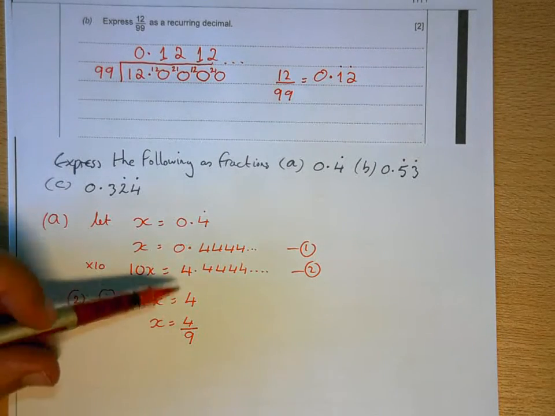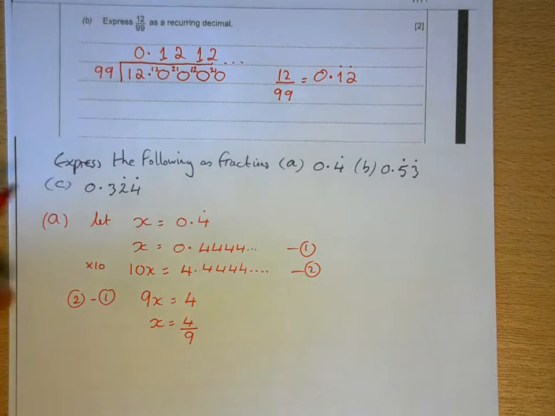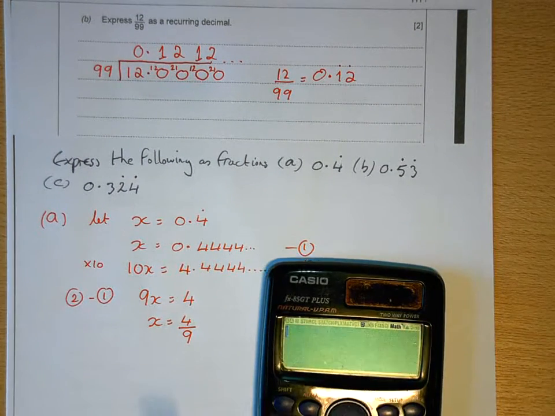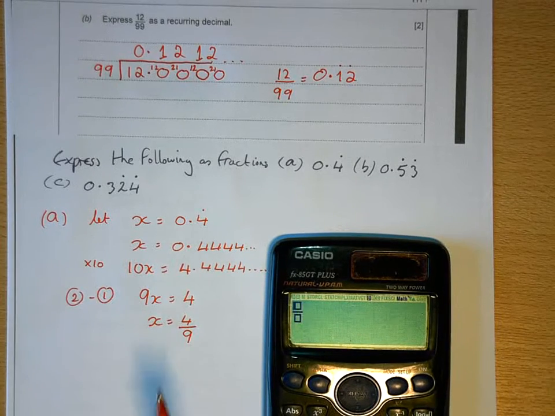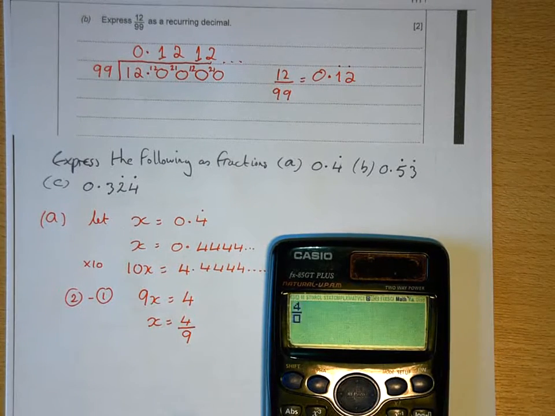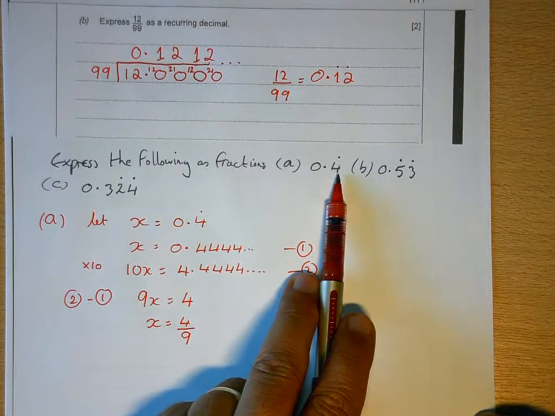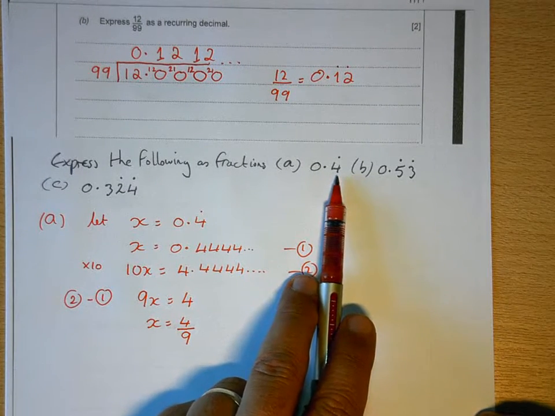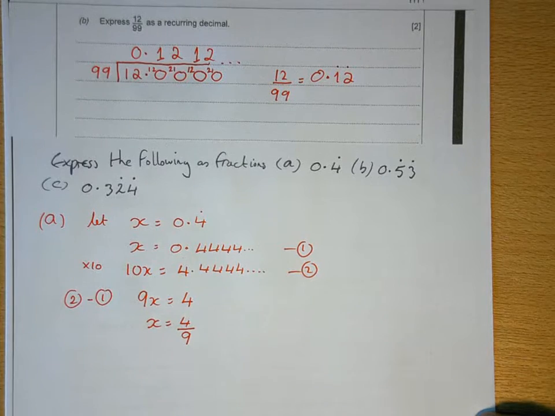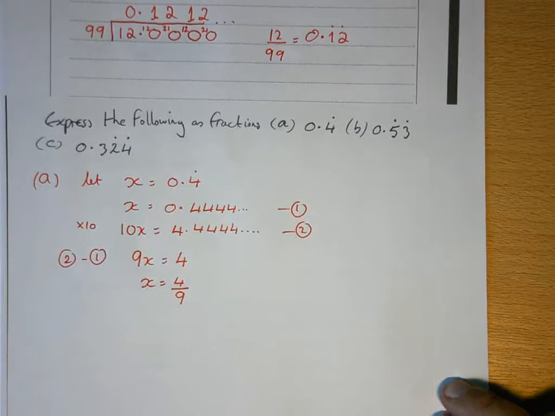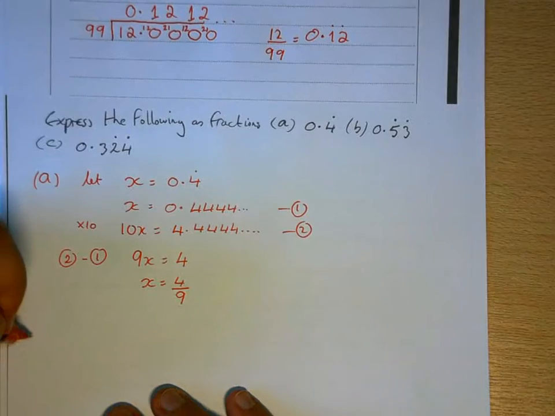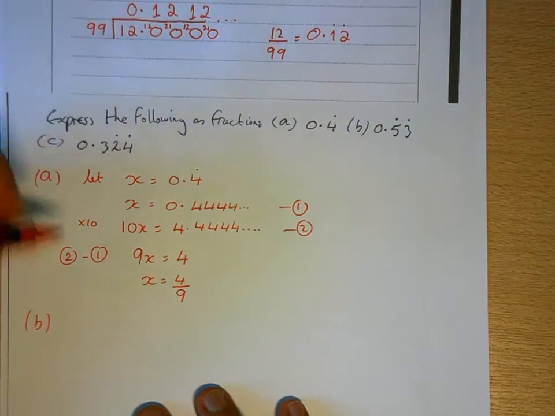That's the fraction form of 0.4444. And again, it would be on a non-calculator paper, but just to show you that it is correct, if you do 4 over 9, turn it into a decimal, 0.4, and you can see the dot on top. So if the first number is the repeated digit, and only that digit, then you only have to multiply it by 10 in order to get there.